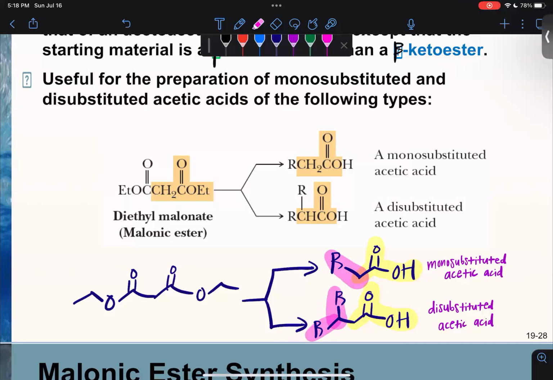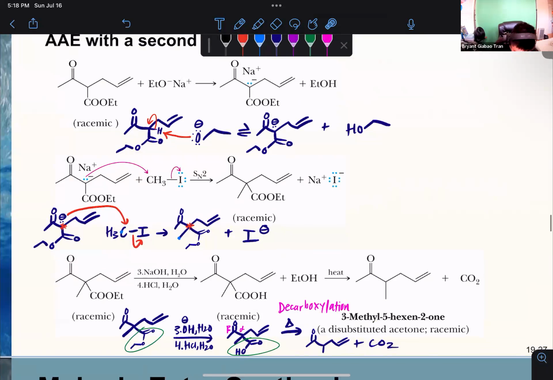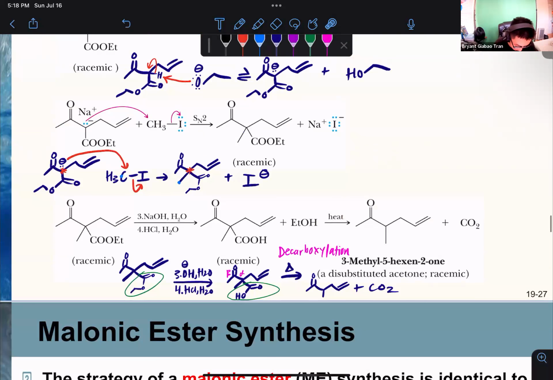How about tri-substituted? Trisubstituted, let's see. That won't happen because there won't be an alpha hydrogen to deprotonate to make a nucleophile again.